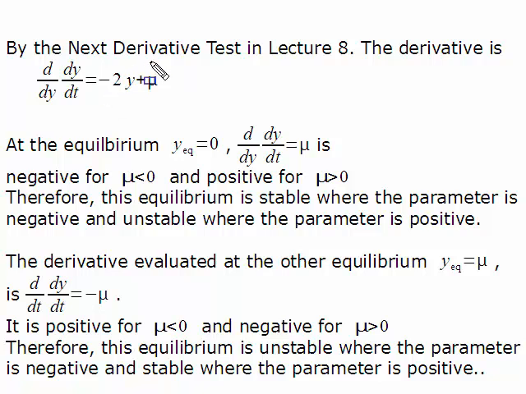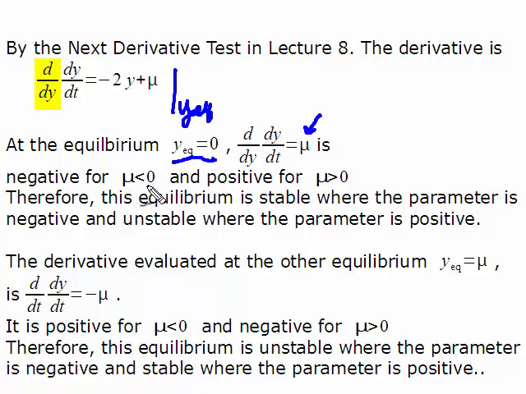Now we're going to take the derivative test again. So we took the differential equation and we took its derivative with respect to y and ended up with minus 2y plus the parameter. And we have to evaluate it at the equilibrium values. So if we evaluate it at y equals 0, we end up with the derivative equal to the parameter.